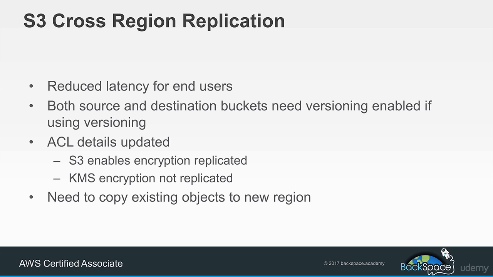But if it's encryption that you're managing yourself through KMS, that will not be replicated, so you would need to look after that yourself. And if you've got existing objects when you're first starting this, you'll need to copy those existing objects to the new region. So S3 cross-region replication is a reasonably new feature to Amazon S3, and a very good feature.